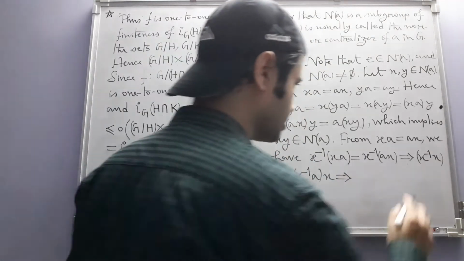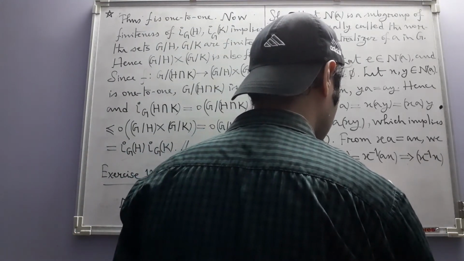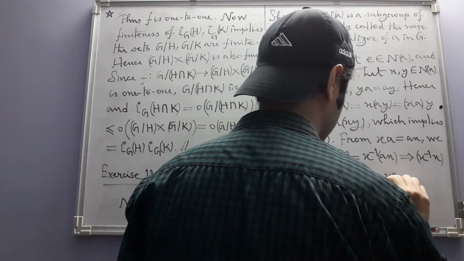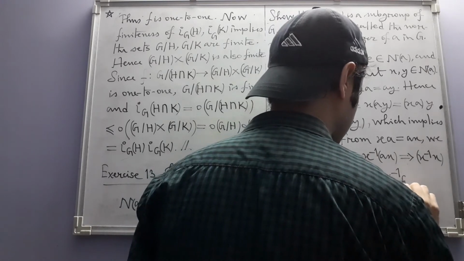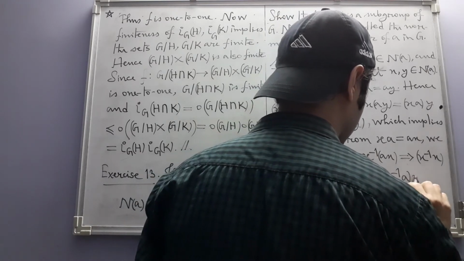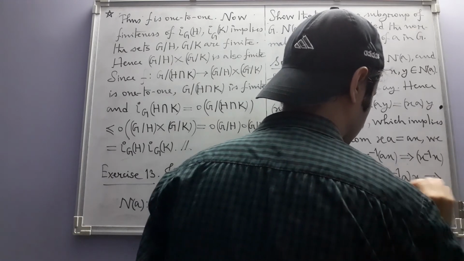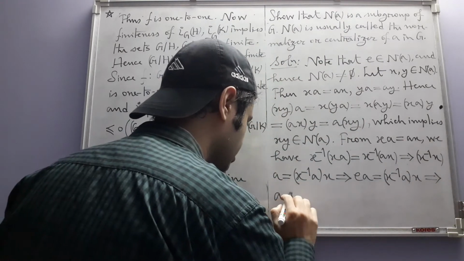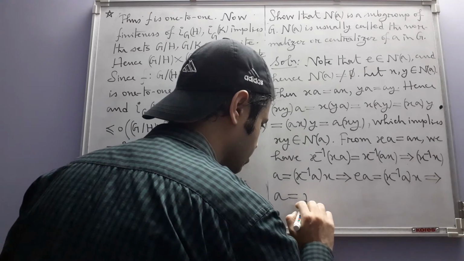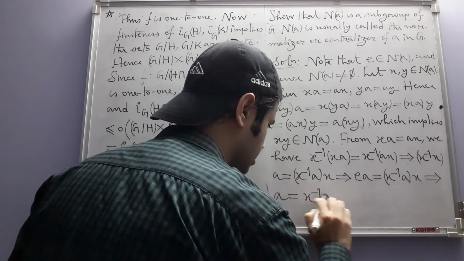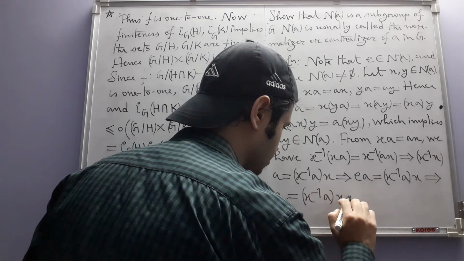That implies EA is equal to X inverse AX, and that further implies A is equal to X inverse AX.